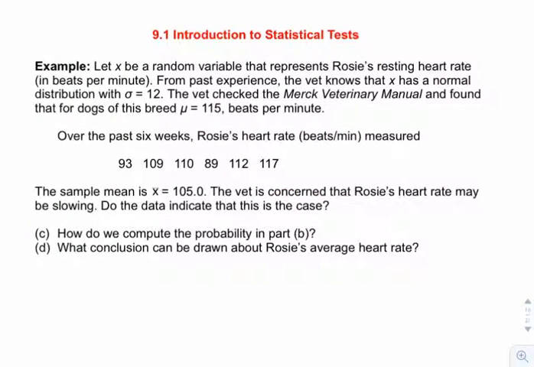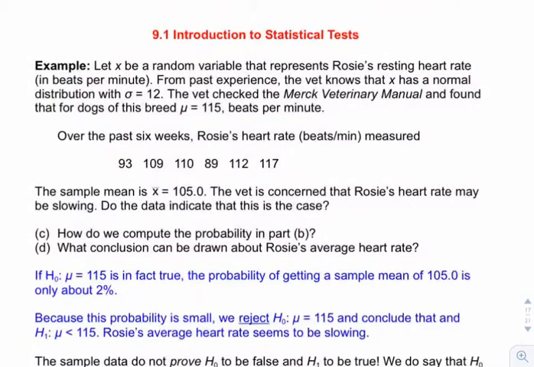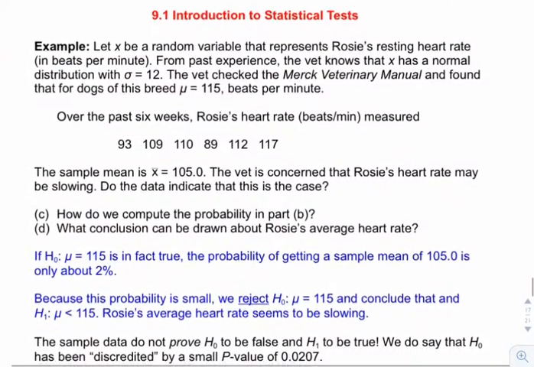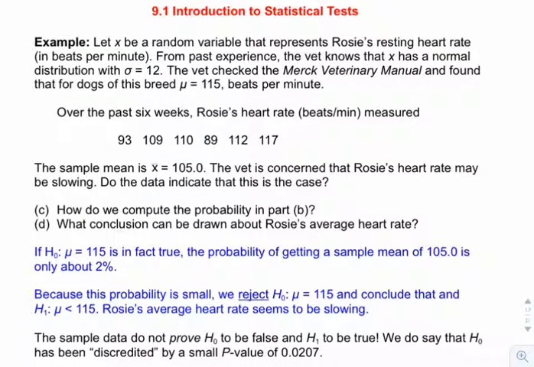So D, what conclusions are we going to draw? Well, let's read the part in blue here. If H naught, our null hypothesis that the mean is 115, is in fact true, then the probability of getting a sample mean of 105 is only about 2%. That was our p-value.